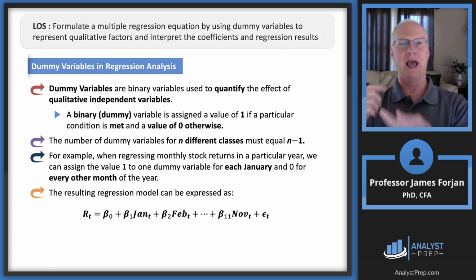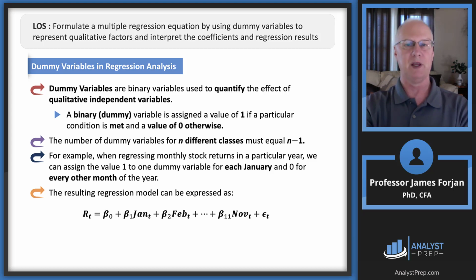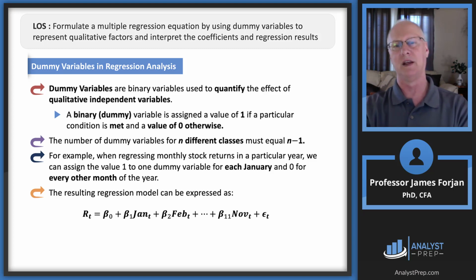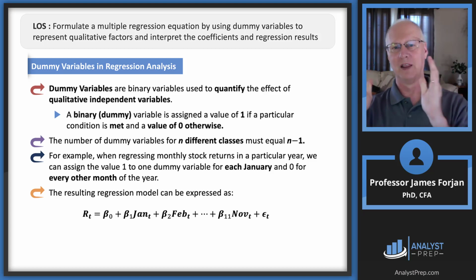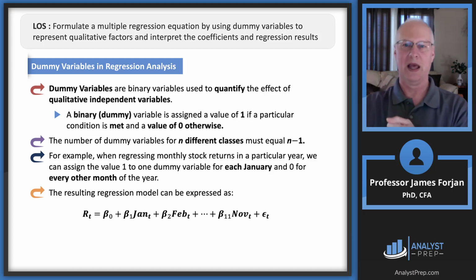So you can say, hey, the dummy is equal to 1 if the stock pays a dividend, and it's equal to 0 if it doesn't. And this should make perfect sense. So notice that we call these a dummy variable because it's not really an attack on the intelligence of the dividend paying firms. It's just, hey, you're either going to be a 0 or a 1.